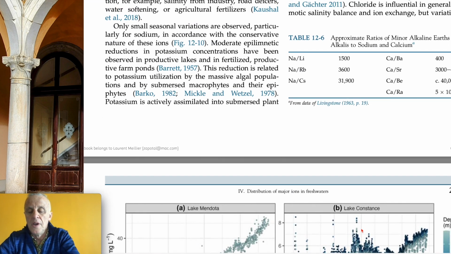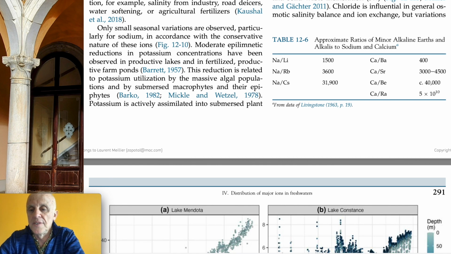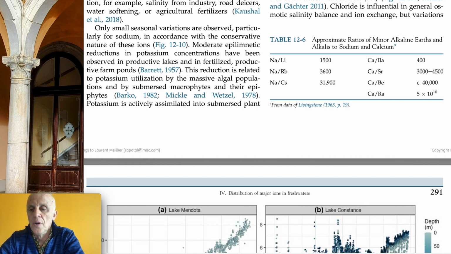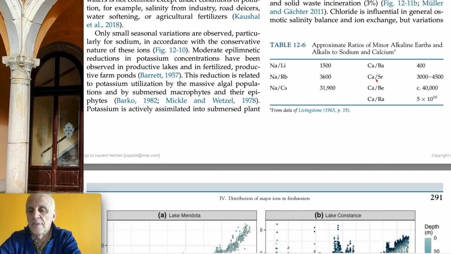Okay, so Table 12-6, we have approximate ratios of minor alkaline earth and alkali to sodium and calcium. As they were saying, the calcium to strontium ratio, for example, is very conservative. So we have sodium to lithium, sodium to rubidium, sodium to cesium ratio, so those are the values.